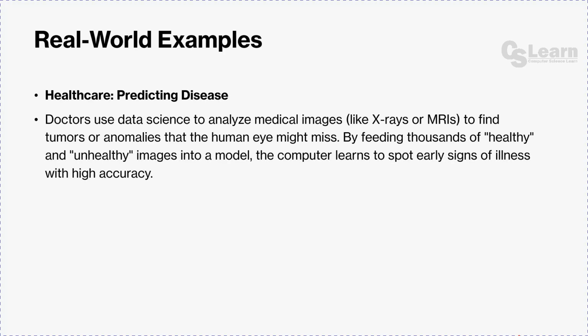By feeding thousands of healthy and unhealthy images into a model, the computer learned to spot early signs of illness with high accuracy. But till now we need a second opinion, which means that even though the model helps to predict the disease, we need doctors to confirm it. To overcome this problem in the future, we are practicing a method called XAI, explainable AI.